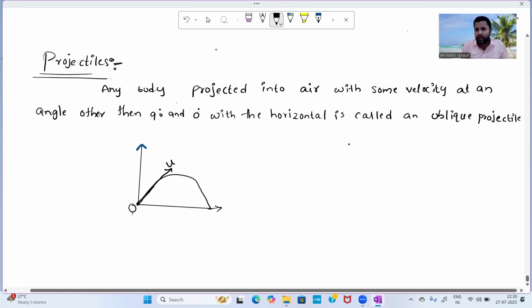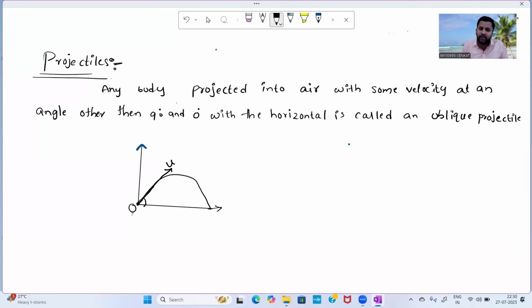The angle with the horizontal is theta, other than 90 degrees or 0 degrees. The object reaches a certain height, and after that it comes back towards the ground due to gravity. At the maximum height, what will happen? We can discuss it one by one.